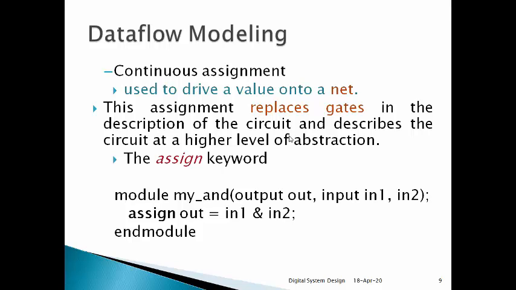The keyword used for continuous assignment is the assign keyword. Here this example is about assigning to this out variable. The assign keyword is used to assign these operations to this out variable.